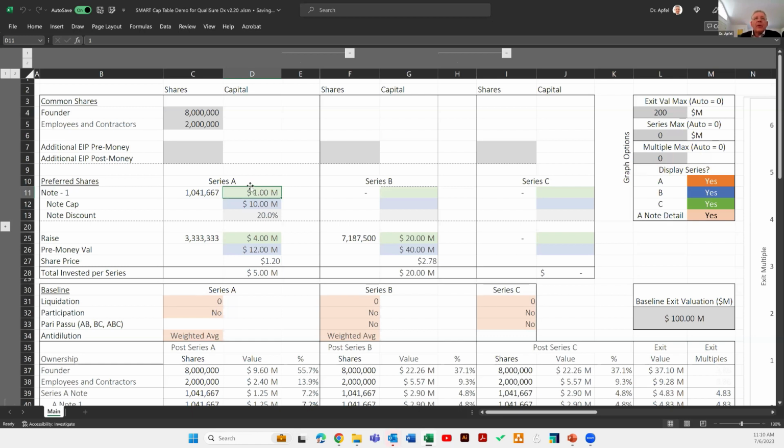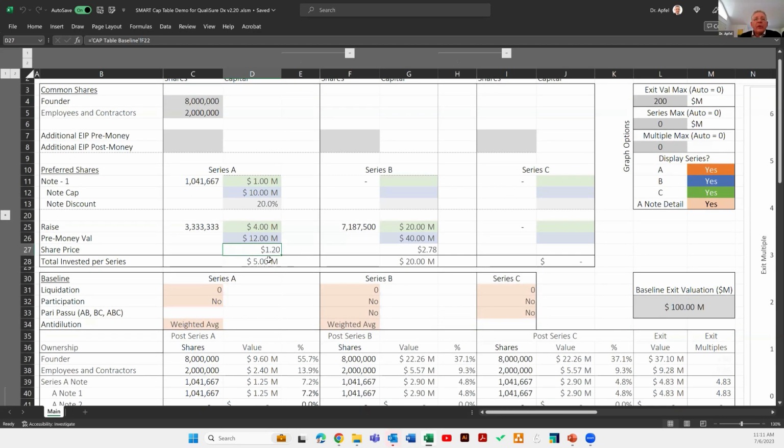But in principle, I called it Series A, B, and C. And if the note cap, let's say, is 10 million, that's what you see nowadays, with a 20% discount. They want to raise later on, let's say 4 million with a 12 million pre-money valuation. Then it's a share price of $1.20.